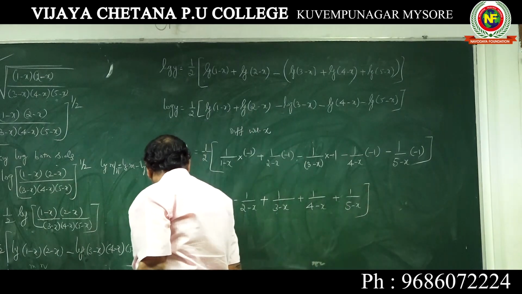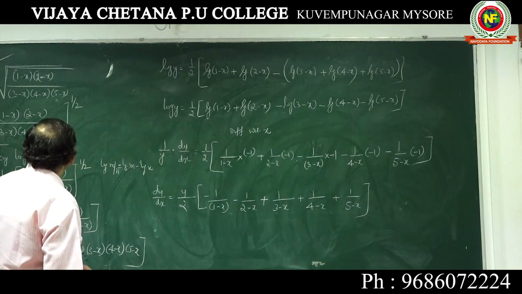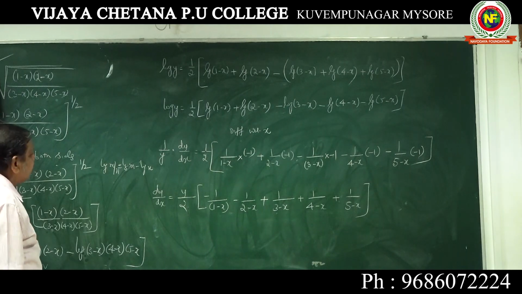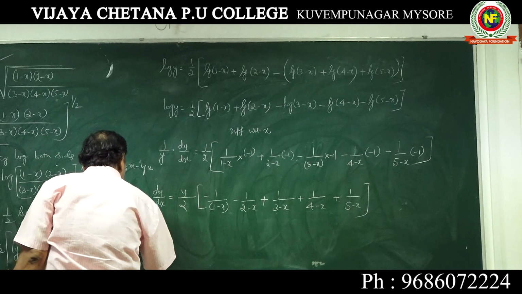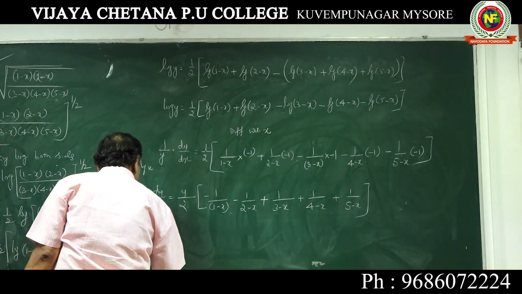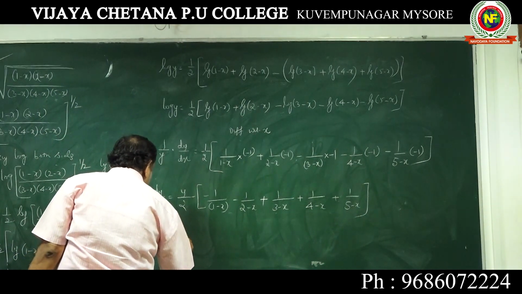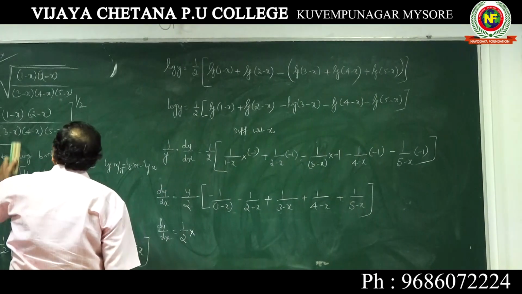Just replace y. For y you should write the whole thing and keep the answer. Your final answer will be dy by dx is equal to 1 by 2 into y, and y is so much.